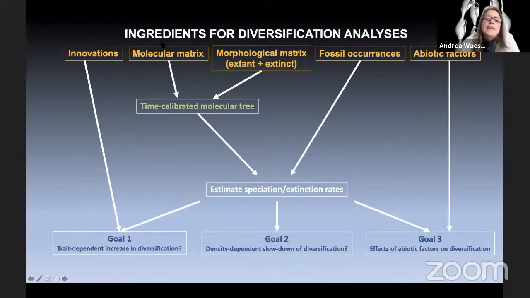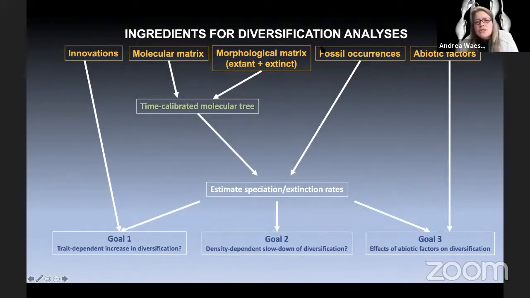Then we have a molecular matrix of DNA sequences, which is being used to produce our molecular tree. And then we want to time calibrate this molecular tree. And we're doing this by adding the fossil data using morphological data. So we have to produce a morphological matrix of all the taxa that go into it, the molecular taxa as well as the fossil taxa.